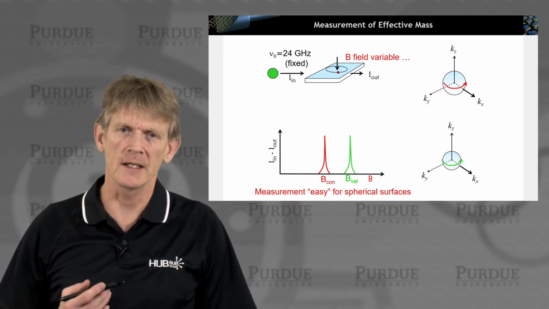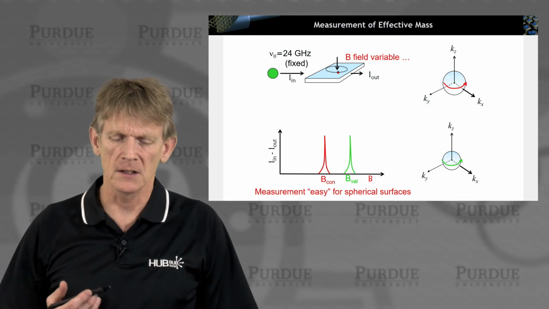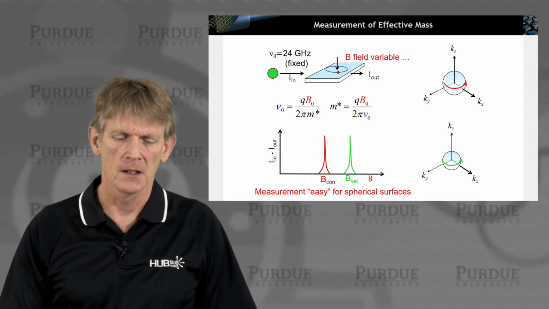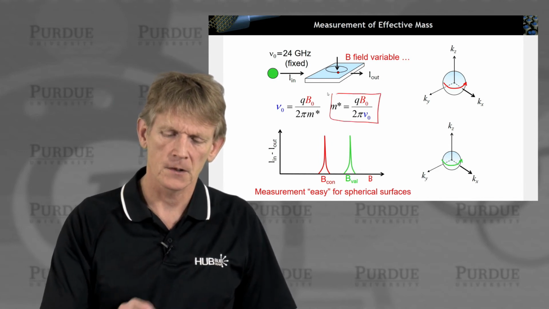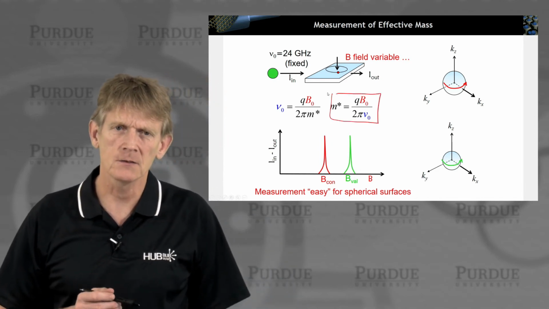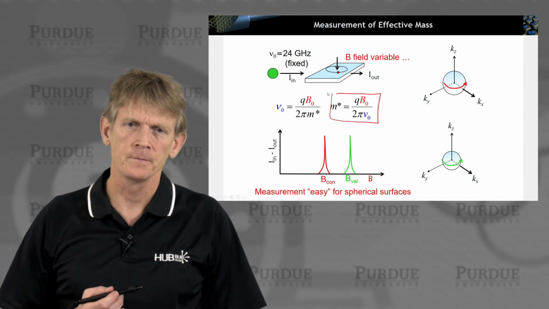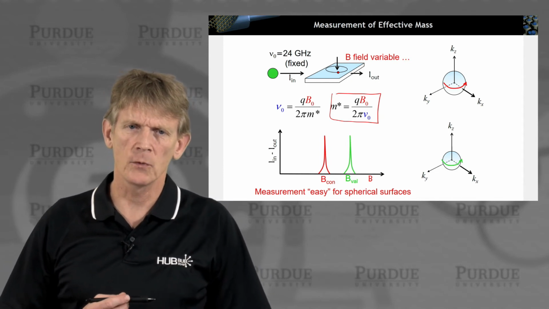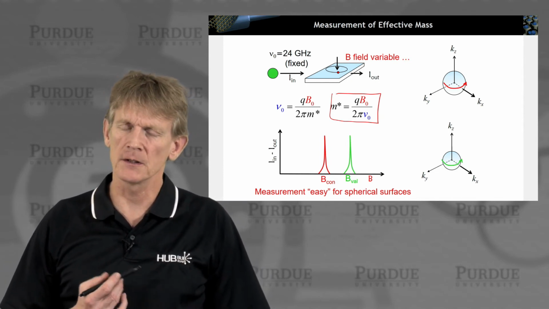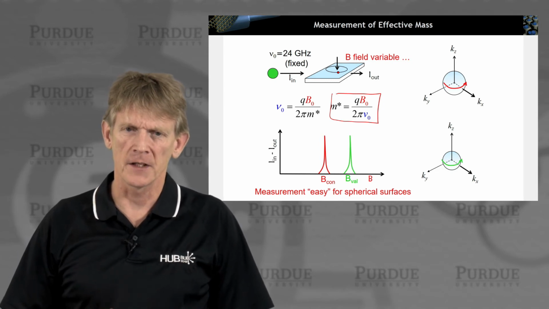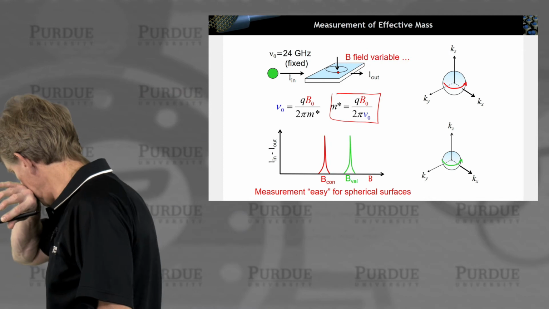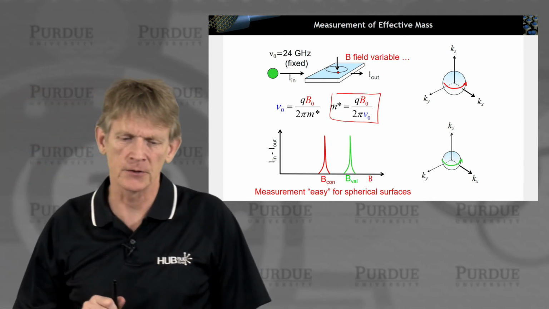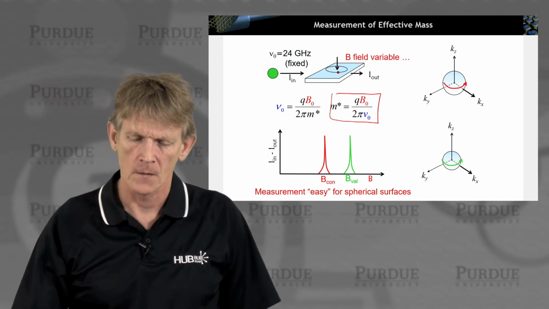Now you need to relate these resonances to specific masses, and you can do that with this expression here. Now, these expressions don't give you an exact answer as to which one is a conduction electron and which one is a valence band hole. So you might have to think a little harder on how to distinguish those.